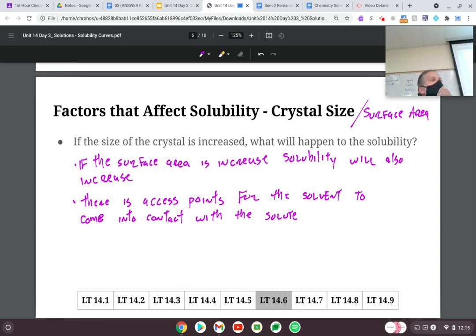And if there are more access points, that means that the solvent and the solute will interact more. And if they interact more, the substance will dissolve faster.